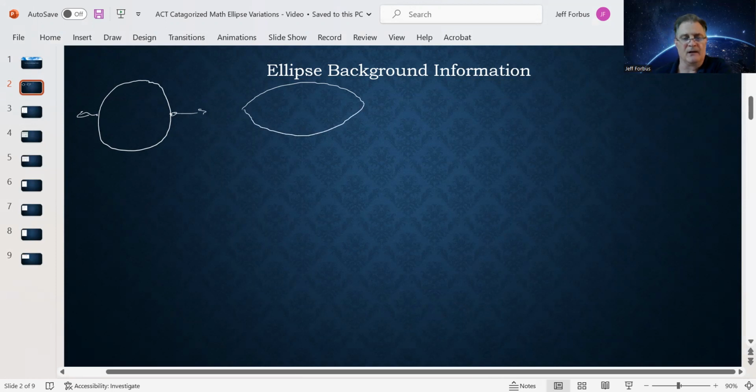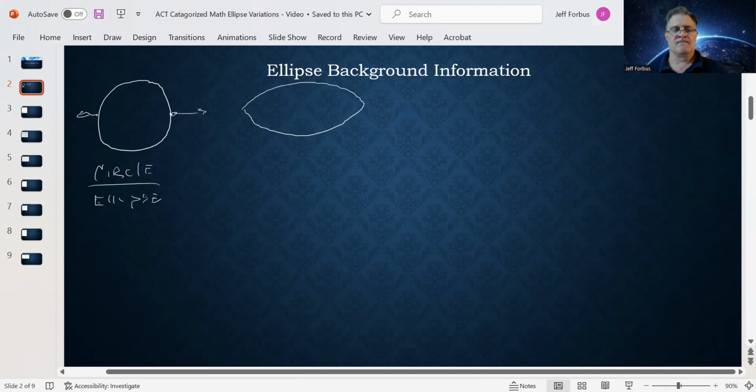And that makes an elliptical figure. Now, that elliptical figure has circle properties to it and ellipse properties to it. So we have a ratio, a mathematical ratio.